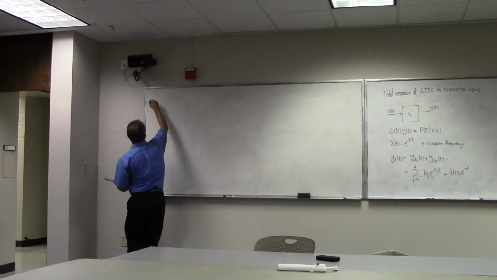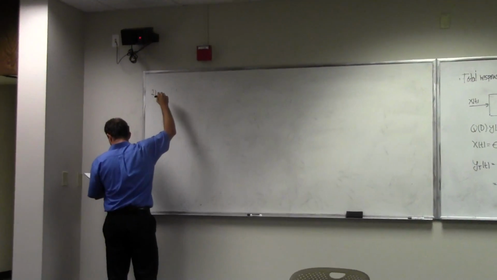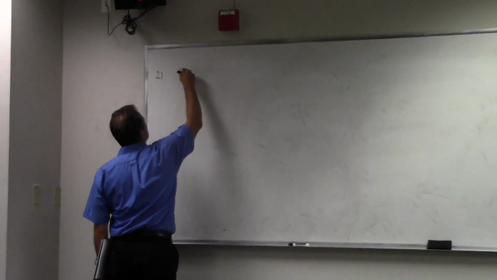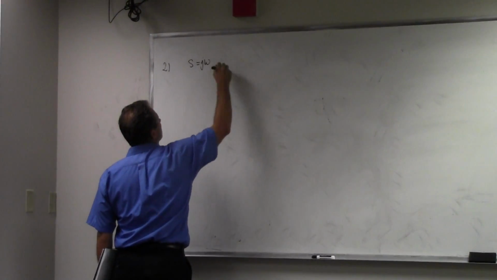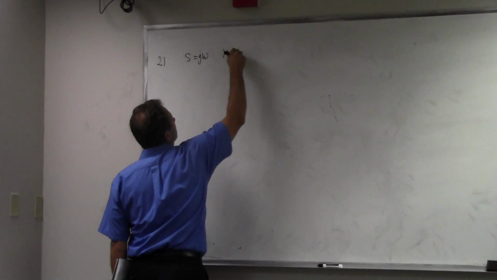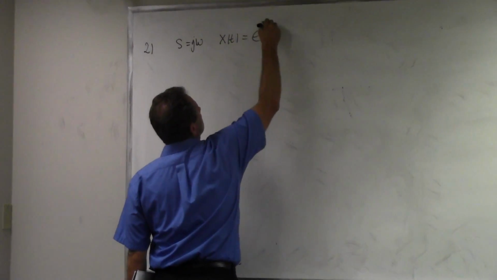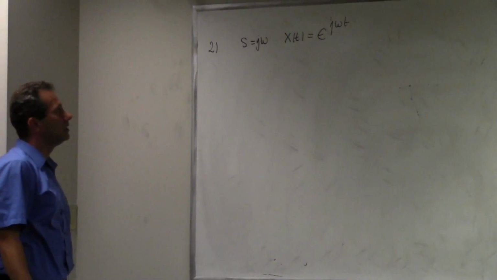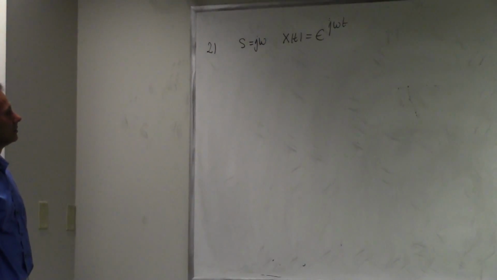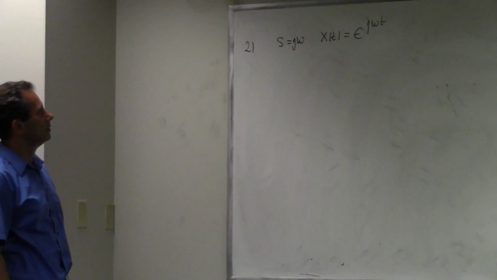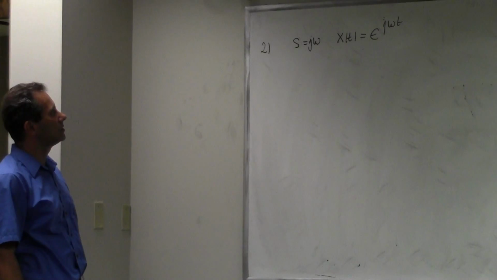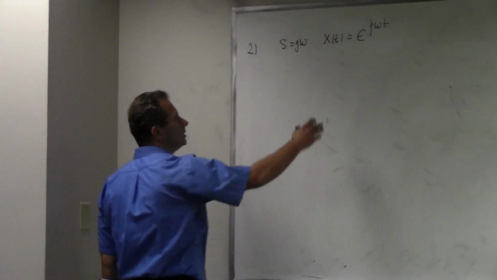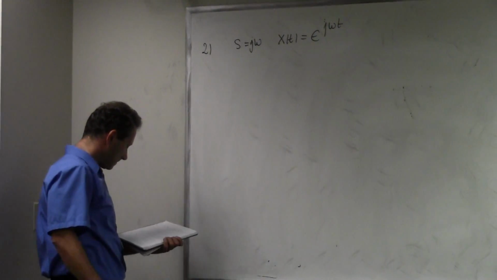Special case 2, s is equal to j omega. So in this case, x of t is equal to e to the j omega t. Right? So I have essentially a purely imaginary complex frequency, and my input is this e to the j omega t.